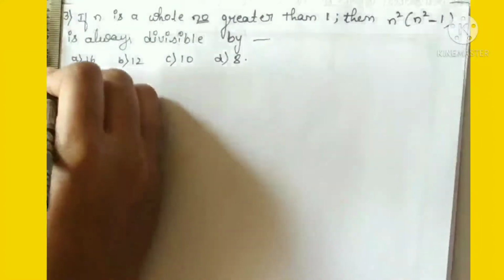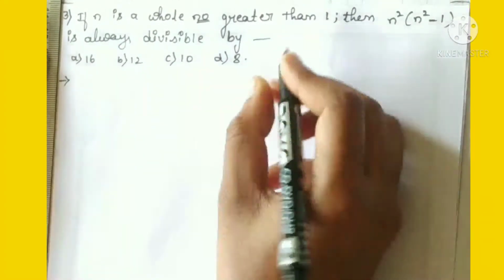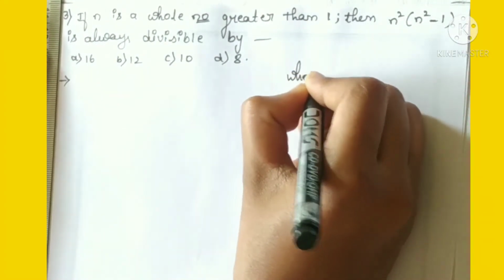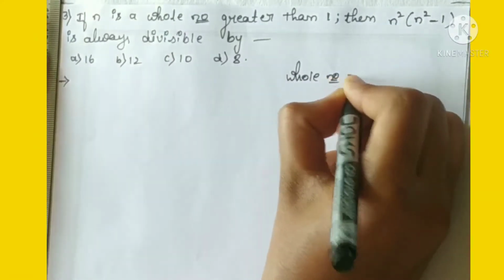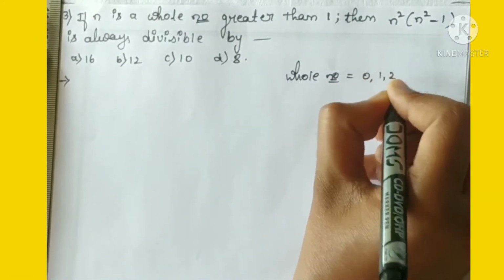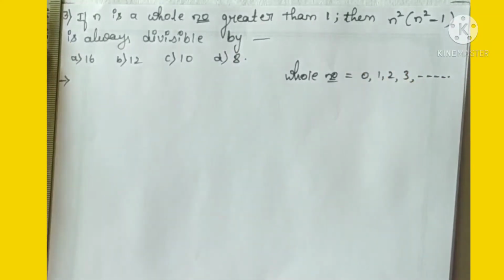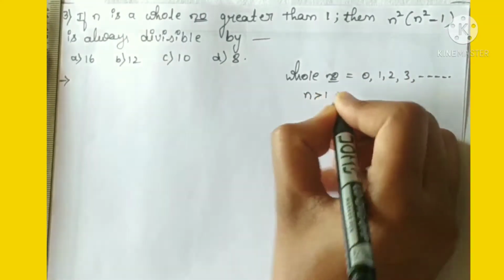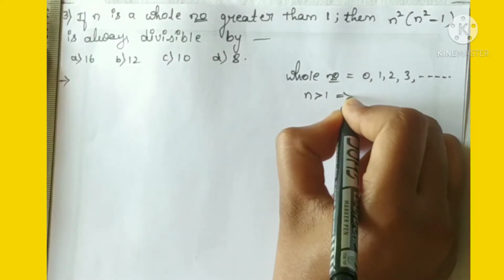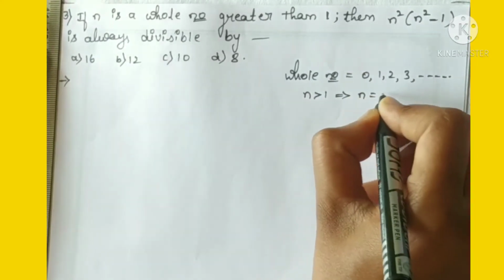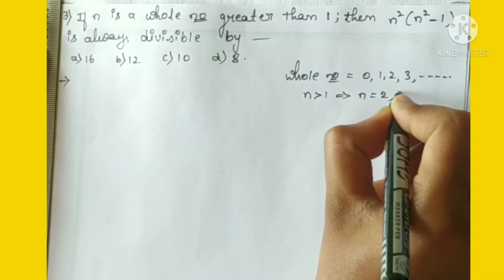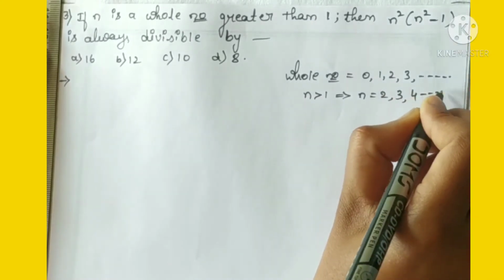Here whole number means 0, 1, 2, 3, and so on. But they have given that n is greater than 1. So we have to consider n greater than 1, which means 2, 3, 4, and so on.